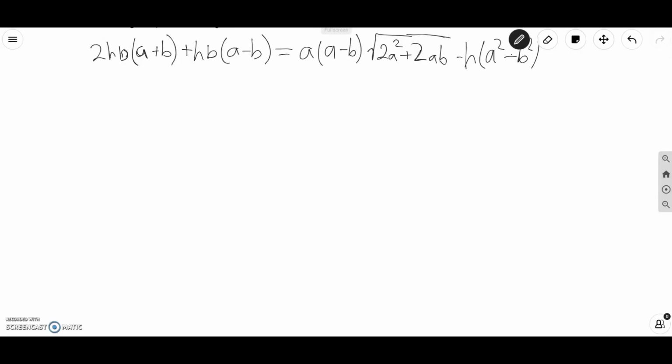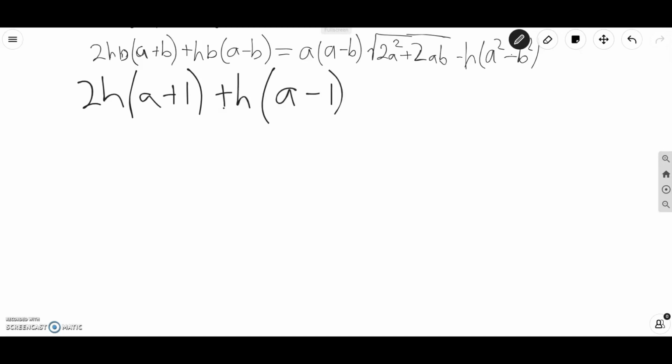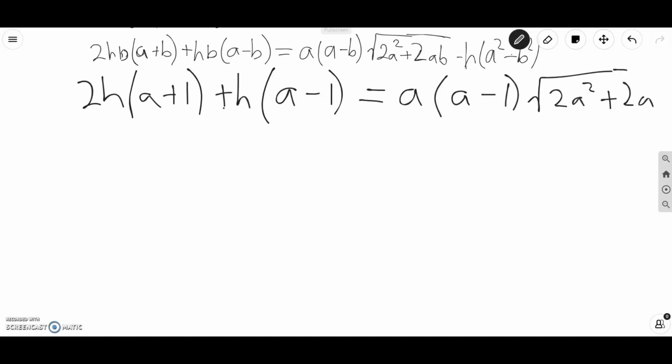If we set b equal to 1, you would get 2h times a plus 1 plus h times a minus 1 equals a times a minus 1 times the square root of 2a squared plus 2a, and continuing the expression, minus h times a squared minus 1.